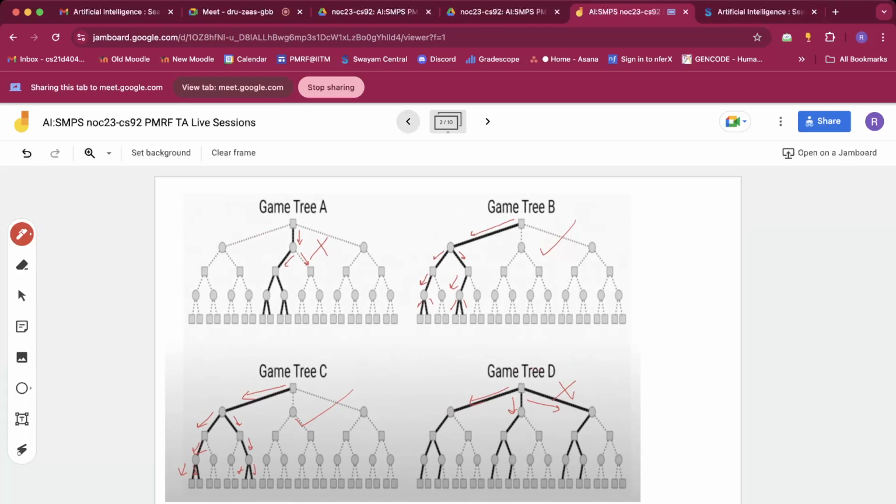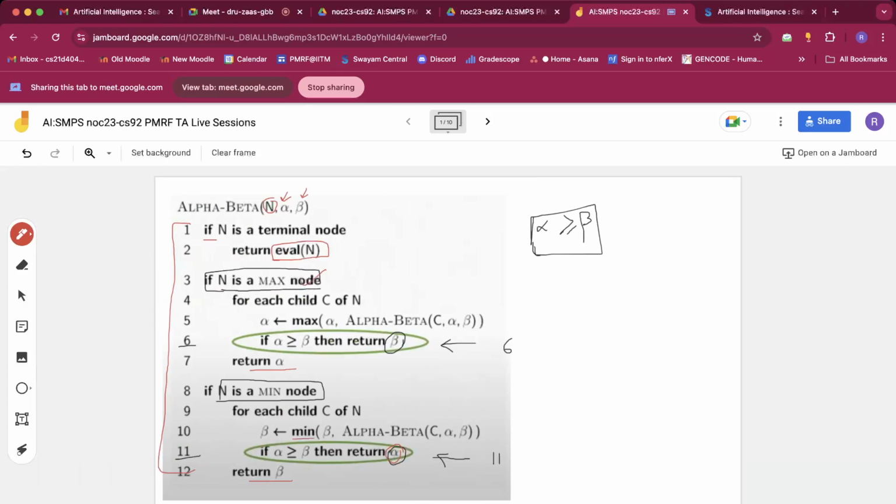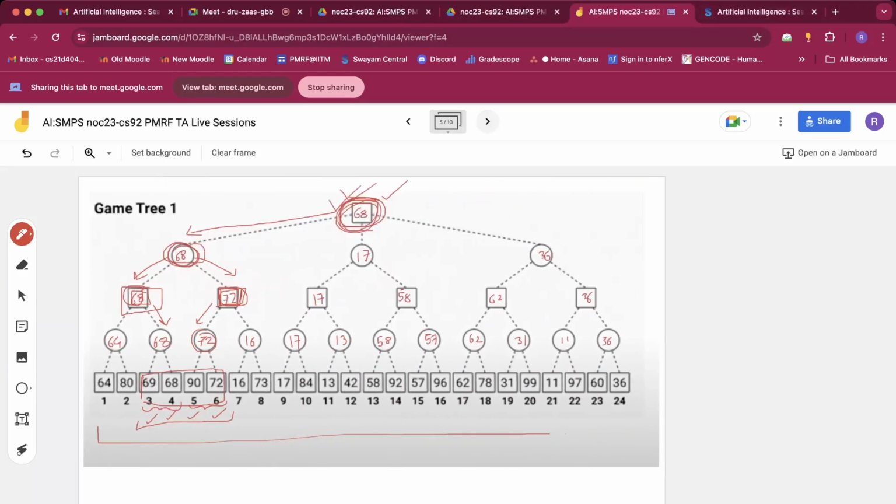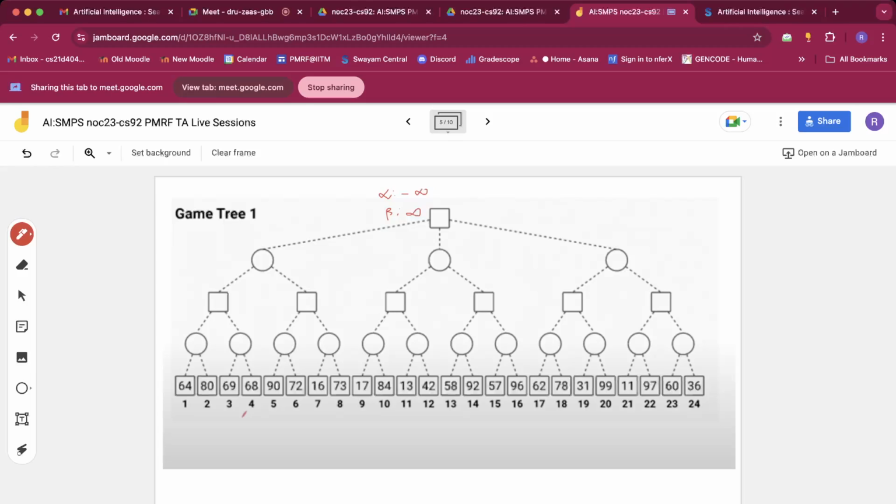Remember, in the pseudocode we were assigning and returning in usual cases a beta value for a min node, and in case of a max node, we were assigning and returning an alpha value. Now that we have initialized these values, let's move down to the children of this particular node. This was for this max node.